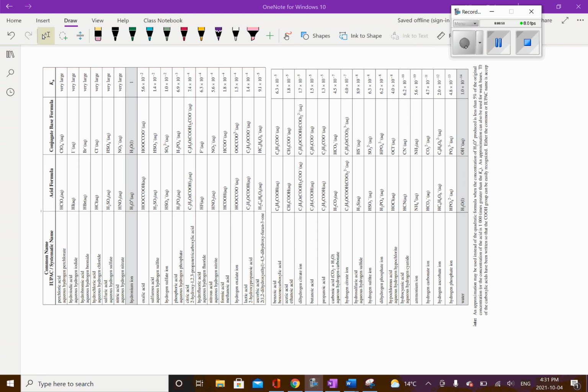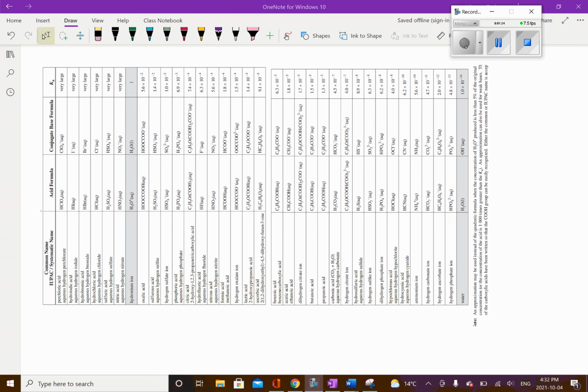The first column of this table is the name of the acid. So pretty much, in other words, you don't need to remember any of the acid names that you have seen or done. It will help you if you somehow remember or have an idea of the name, but pretty much the common name or the IUPAC name of the acid is given here.